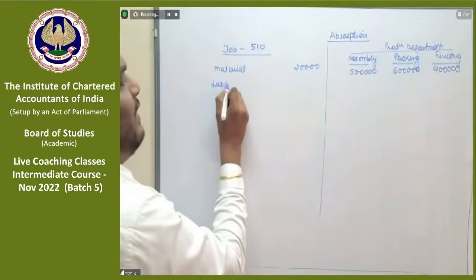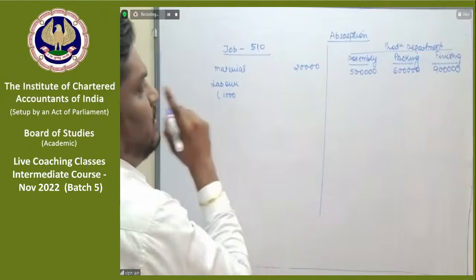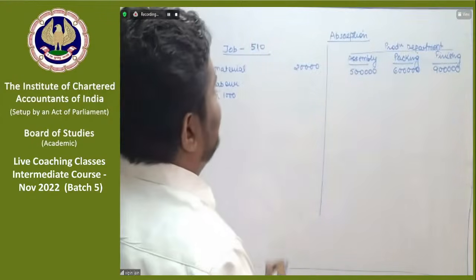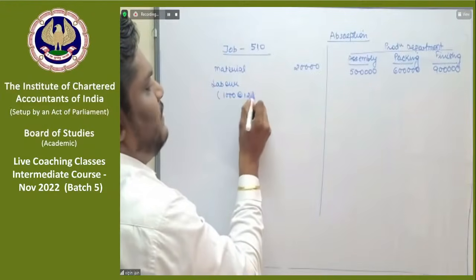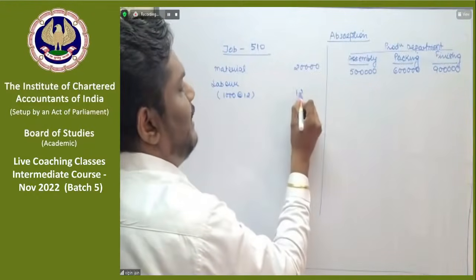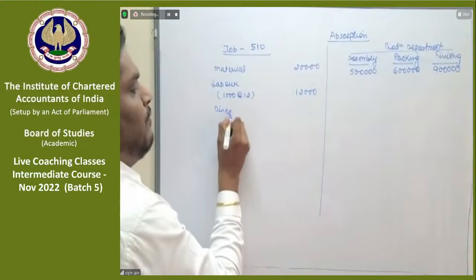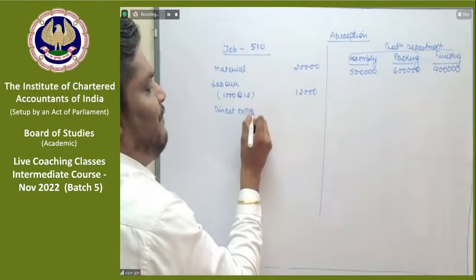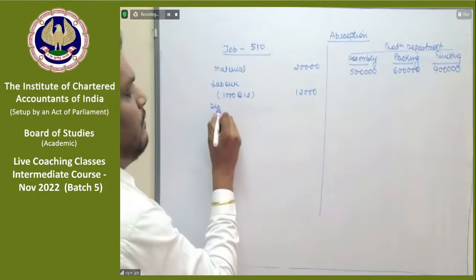Further, I have incurred the labor cost also. Let's say 1,000 hours total were dedicated for this job 510, wherein I have paid the wages at the rate of 12 per hour. So my total labor cost is 12,000. Further, I have incurred direct expenses also, that is 8,000.